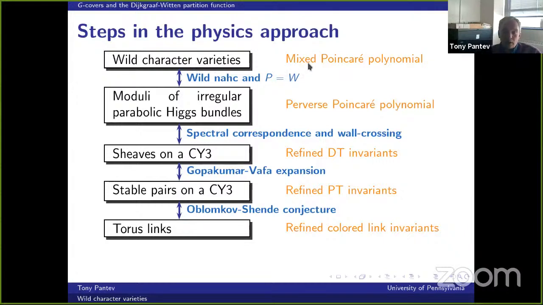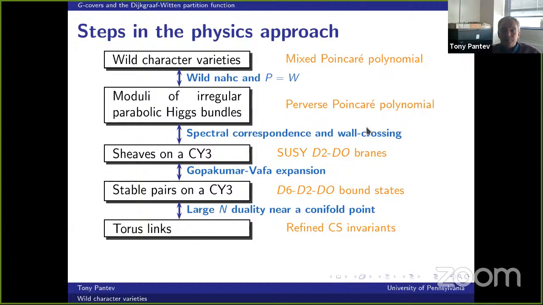And we are going to transport that to a perverse Poincaré polynomial by the Hodge theory and P equals W conjecture. Then we'll use the spectral correspondence and wall crossing to convert this to refined Donaldson-Thomas invariants. And then we'll use the Gopakumar-Vafa expansion to convert this to refined Pandharipande-Thomas invariants. And we'll use the Oblomkov-Shende conjecture to convert this to refined Khovanov link invariants.